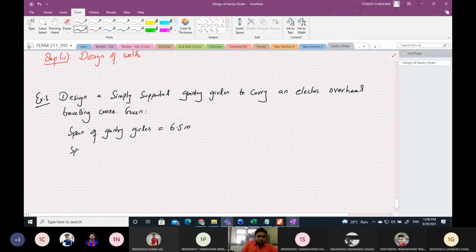The span of crane girder is 16 meter. Crane capacity is 250 kilonewton.